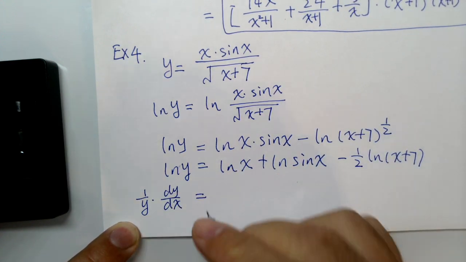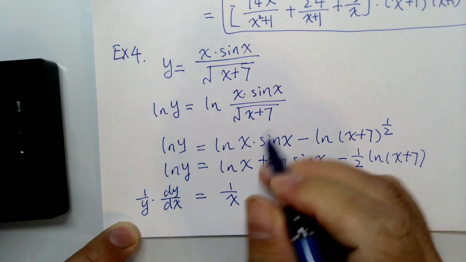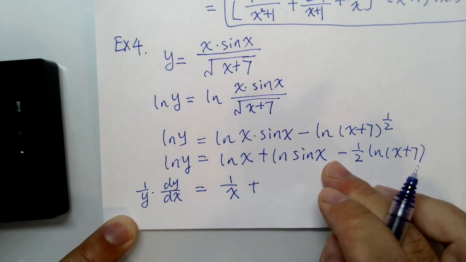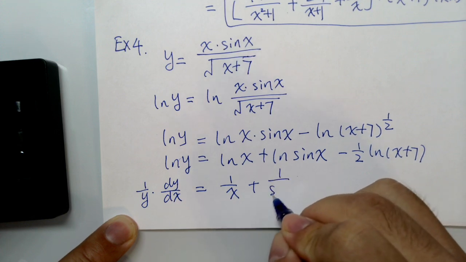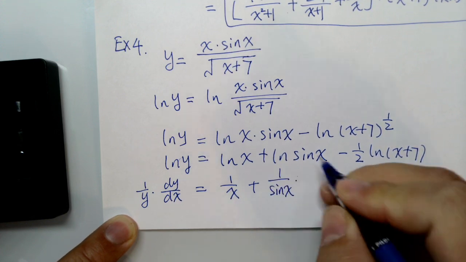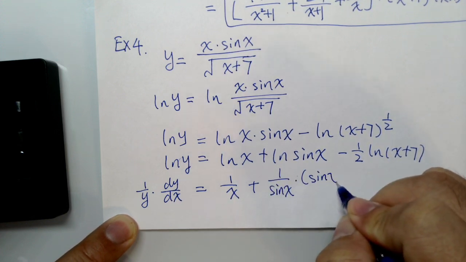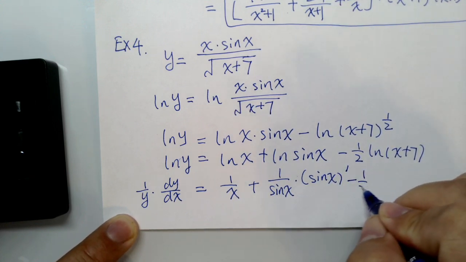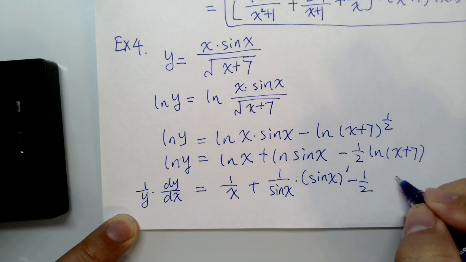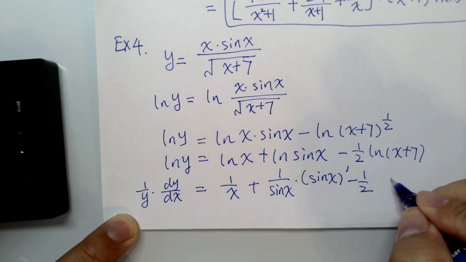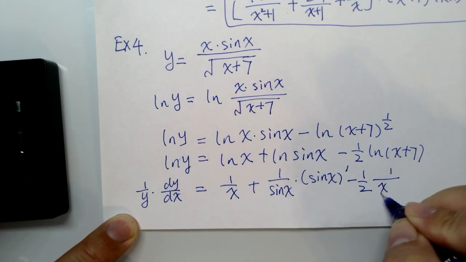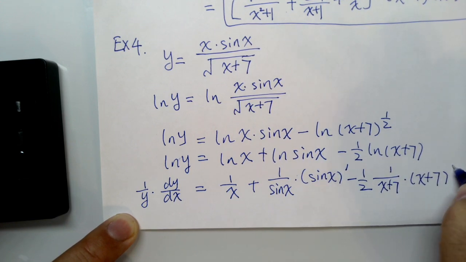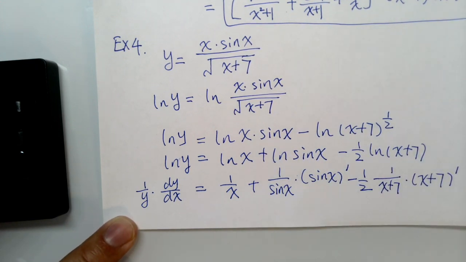On the right hand side, this is going to be 1 over x, and then the derivative of ln of sine x equals 1 over sine x times the derivative of sine x. Then minus half, the derivative of ln of x plus 7 equals 1 over x plus 7 times the derivative of x plus 7.